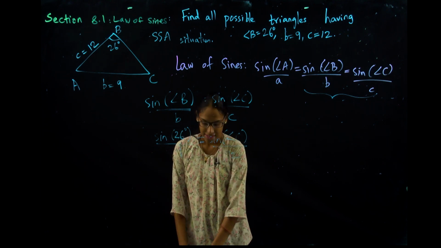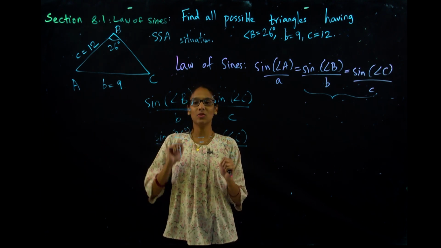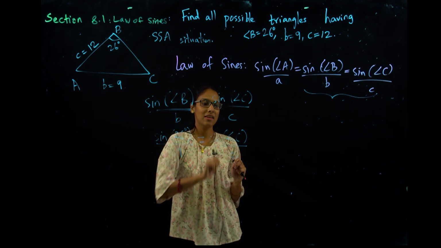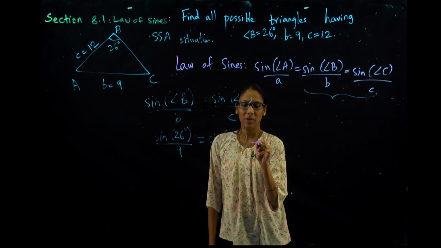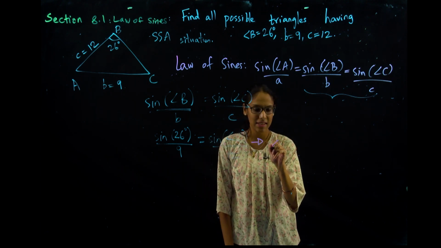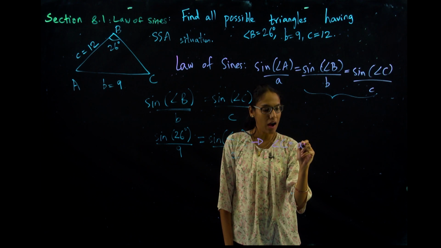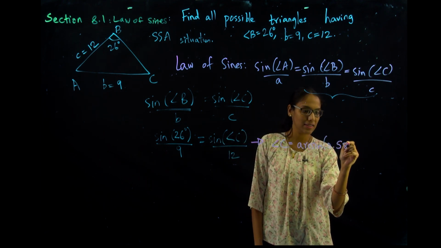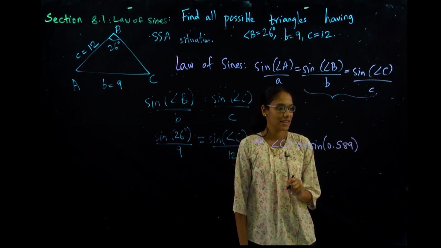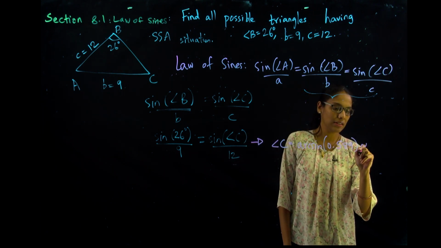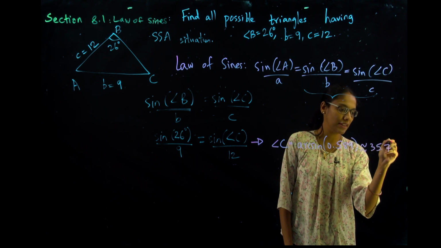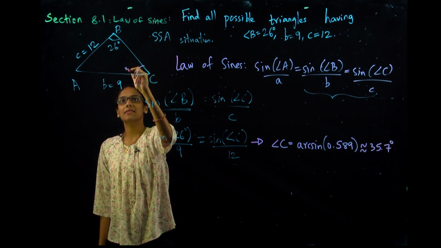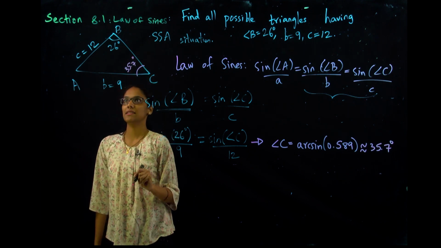So let's see what we get. Now plug this into a calculator, make sure it's in degree mode and not radians, and then we end up getting, for angle C, arc sine of 0.589, and this is approximately equal to 35.7 degrees. So we got this as 35.7 degrees.